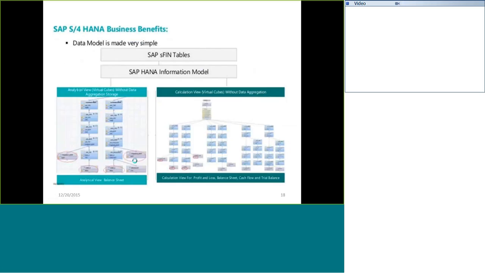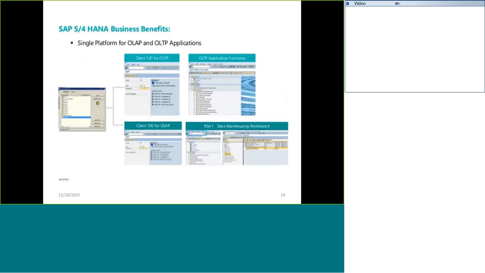Now, for business benefits, in the older version, we design the structure like this. In the HANA platform, we maintain an independent structure company-wise. Now, a single platform for OLAP and OLTP applications, online analytical processing and online transaction processing. I will show it in the server application.